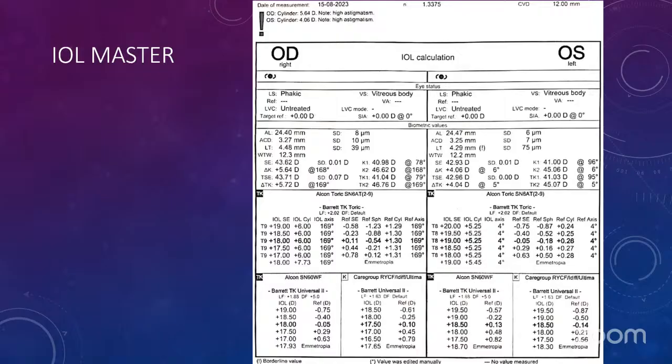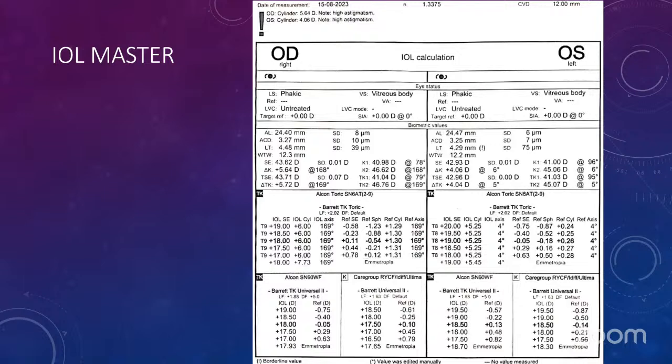Any questions from students? When do you suggest toric IOL to patients? Correction of astigmatism, when the patient does not want any spectacle dependence.